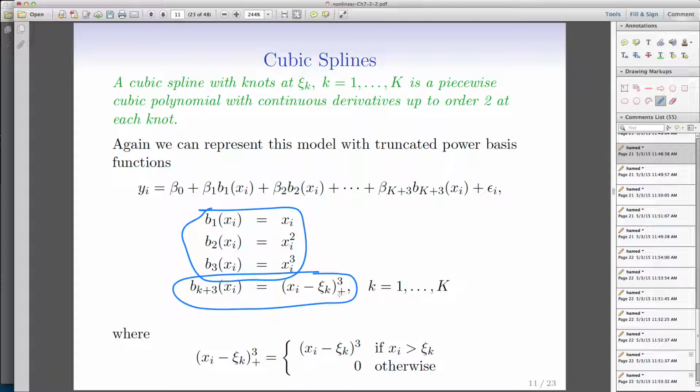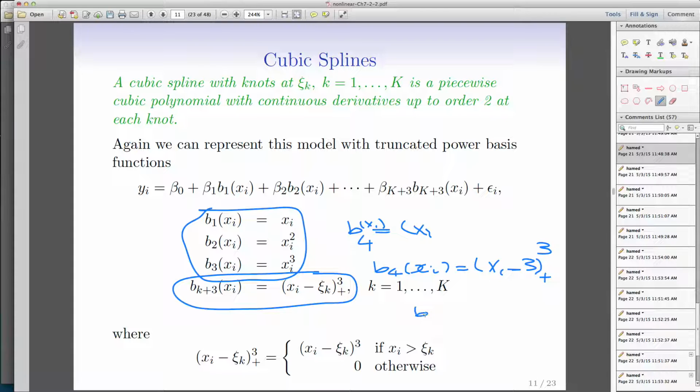For example, only the positive part of it. So for example, let's define b4 as... let me call it b of xi. Sorry for my very bad handwriting. So b of xi, let's call it (xi minus 3) plus, cubed.